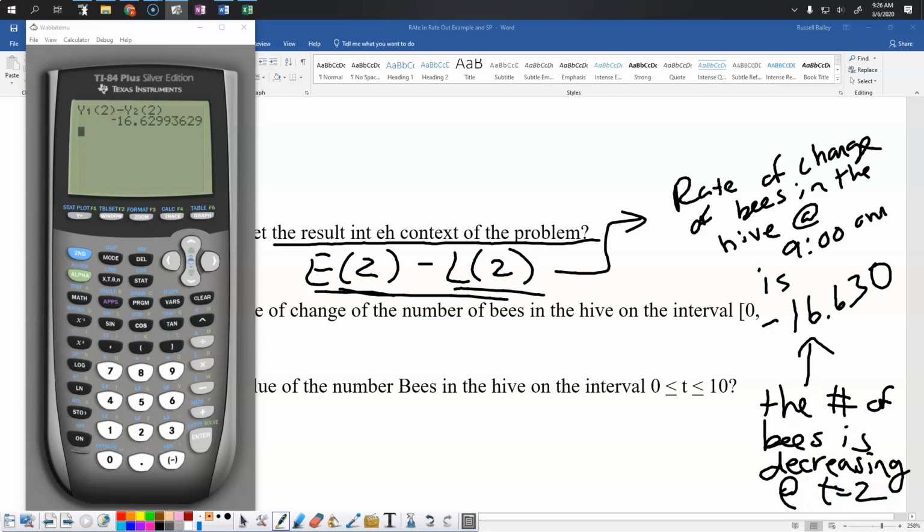Since we got a negative rate of change, that means the rate at which the bees are leaving the hive is greater than the rate at which they're entering the hive. If this number is bigger than this number, you get a negative, right? So if the rate at which the bees are leaving is greater than the rate at which they're entering, then your rate of change is negative, the number of bees is decreasing. Okay? All right, let's continue onwards here.